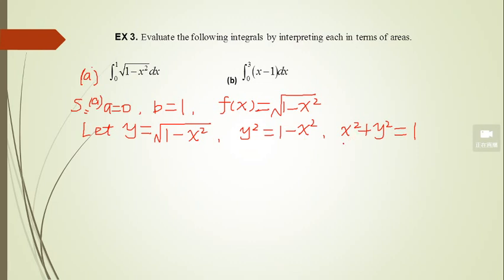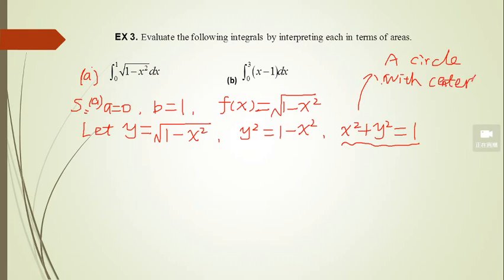What is the shape of this equation? What does this formula mean? It's a circle, right? Actually, this is a circle with center, where is the center? 0, 0, right?